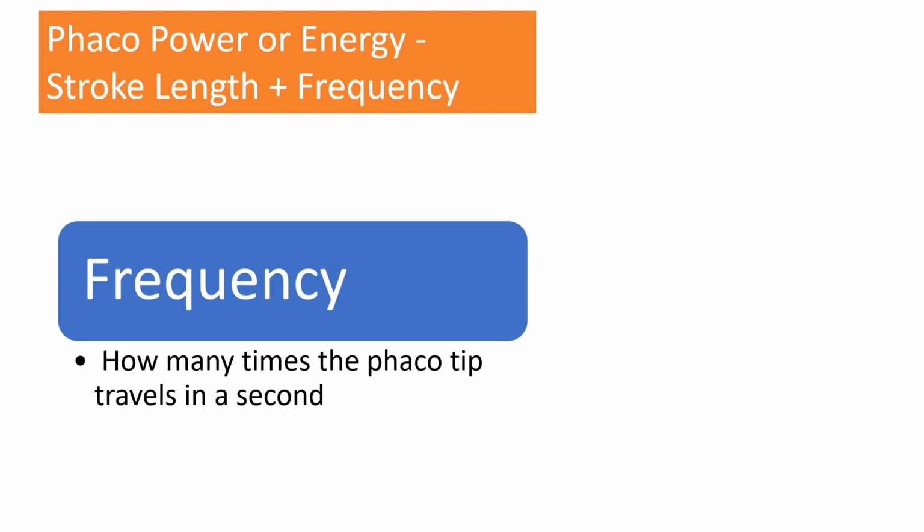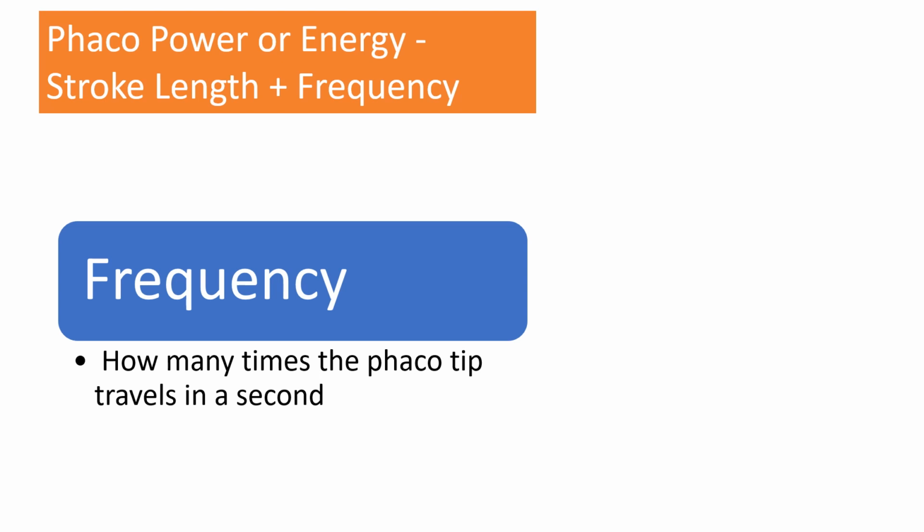Anything that vibrates over 20,000 oscillations per second, we call ultrasonic. We can't see or hear it.